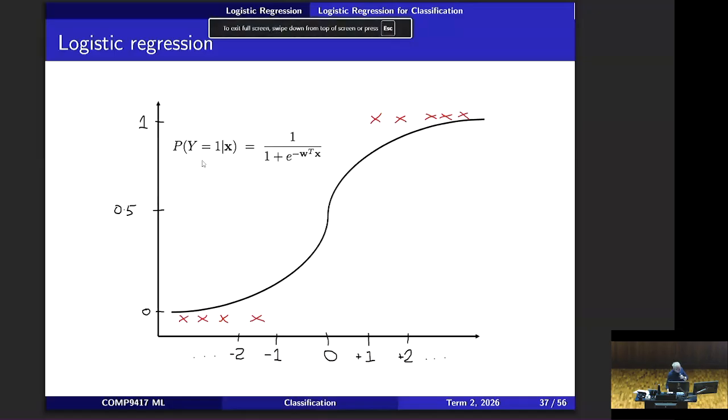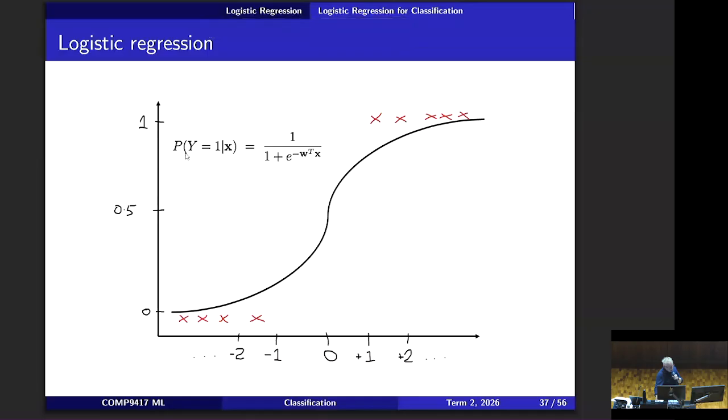The model is a probabilistic model, and it says the probability of y being positive, because it's a two-class model, it's sufficient that we just learn in the positive direction, is this thing here, and this thing here is one of these S-shaped curves.